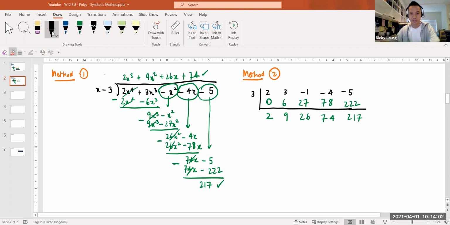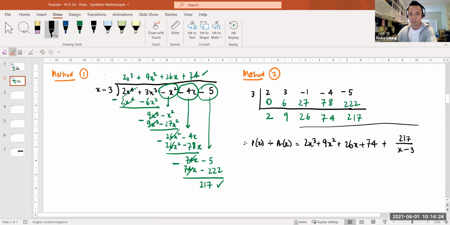Right? So your answer is therefore px divided by ax is 2x cubed, 9x squared, 26x, 74, plus 217 on divisor.